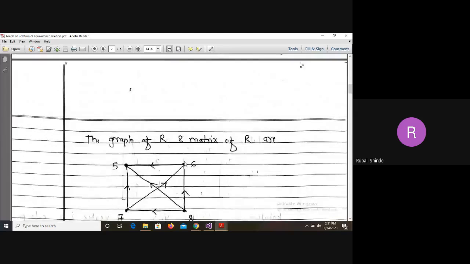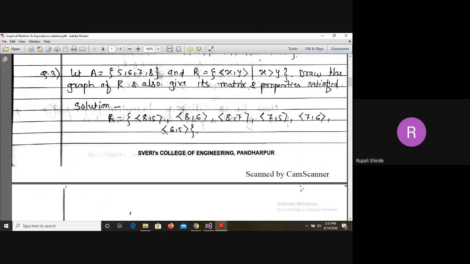Now we have to identify what properties are satisfied by this relation R. Check the properties of the given relation.